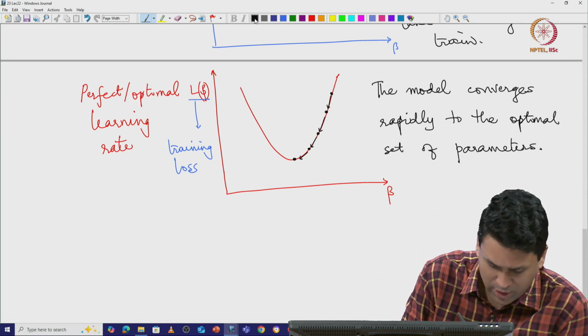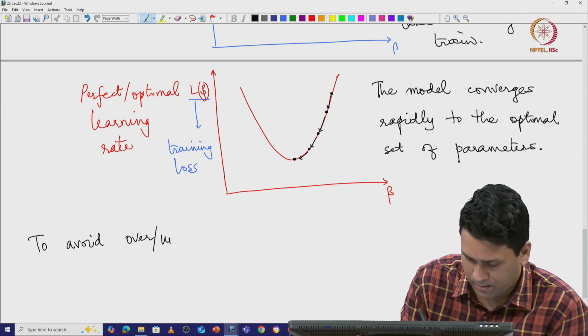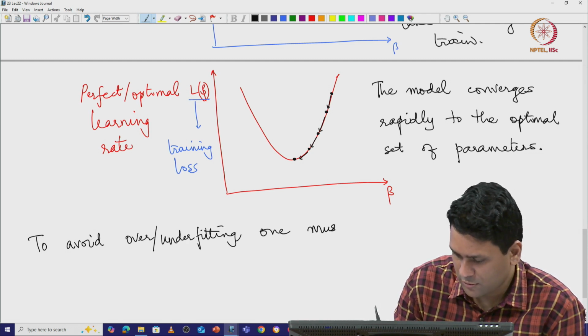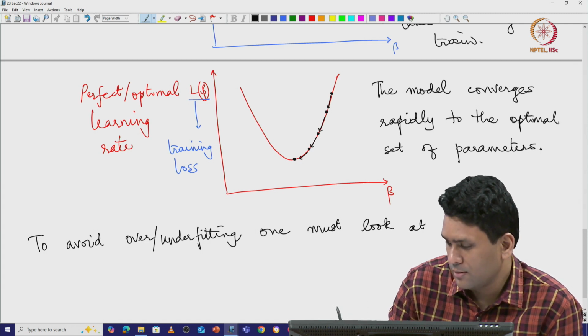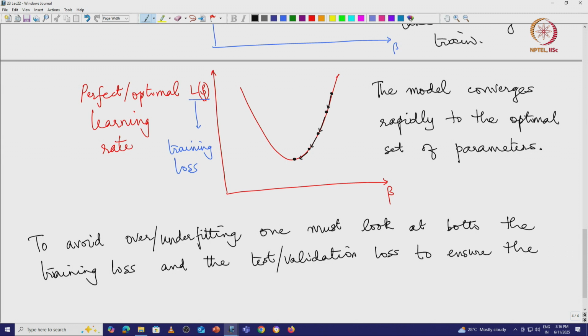So to avoid over or underfitting, one must look at both the training error or the training loss and the test set loss, or you could call it validation loss, to ensure the model is optimally trained.